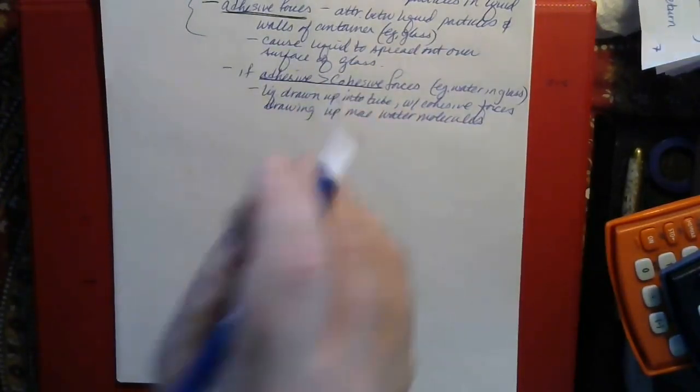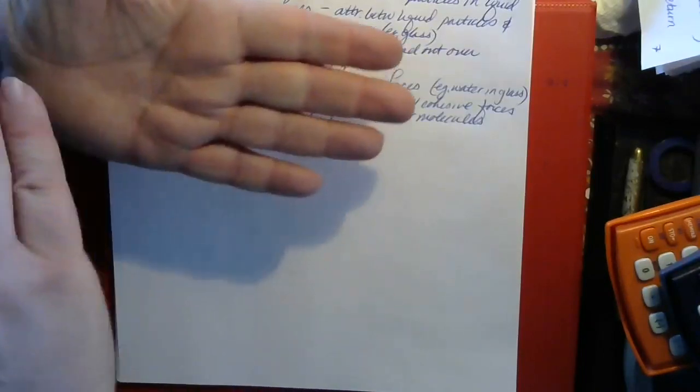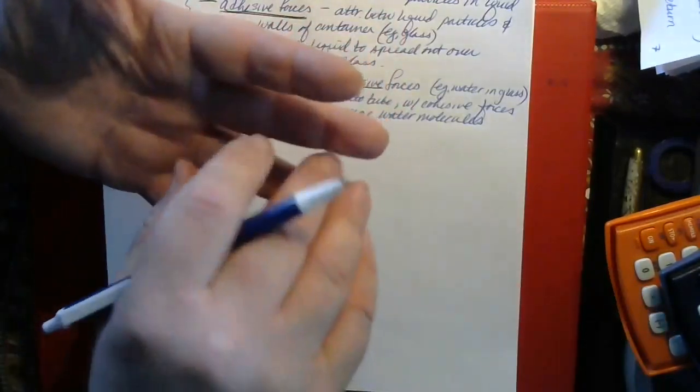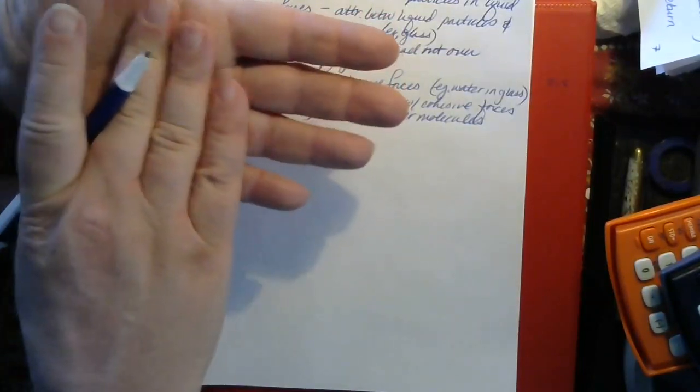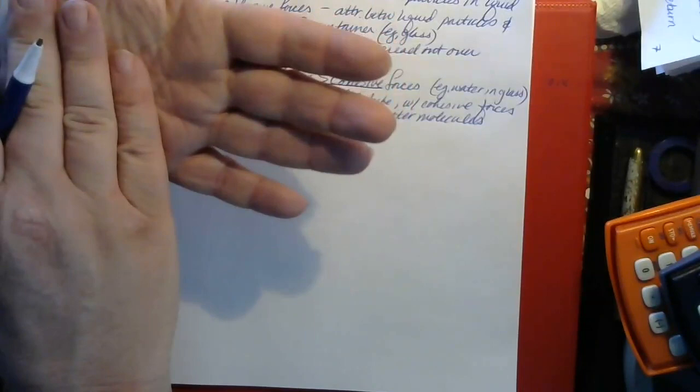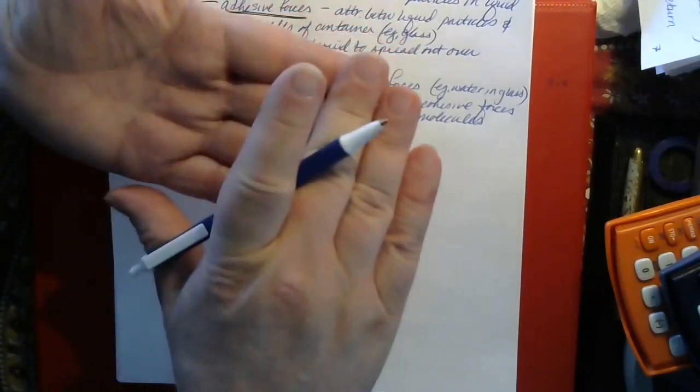Okay, so some of the water molecules will be basically directly attracted to the glass, and those are the ones that are right on the surface of the glass. But there are many, many other water molecules being drawn up into the tube also, which are not in direct contact with the glass. So the adhesive forces are responsible for the water molecules that are in direct contact with the glass being drawn up.